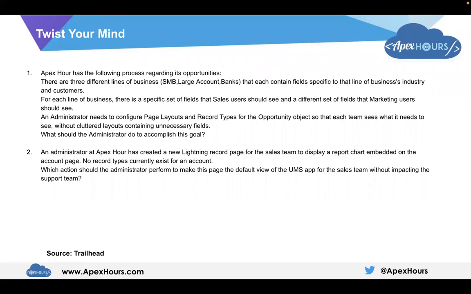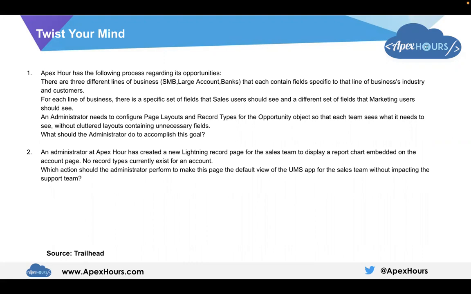So for every line of business, for every record type, we will create one page layout for sales users and one for marketing users. There are chances they can see the same fields, or they can see different fields. Whenever a sales user is seeing the records of SMB or large account, they do not want to see certain fields that a marketing user is able to see. So it's better to have different page layouts for both of them for each record type.